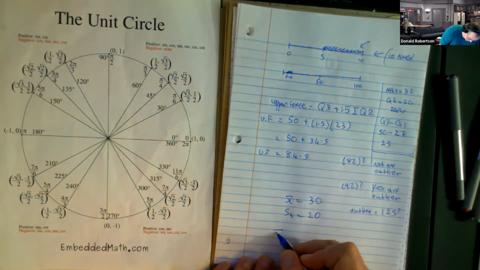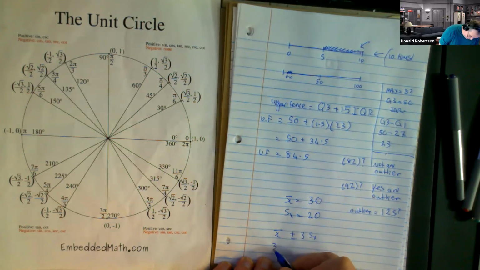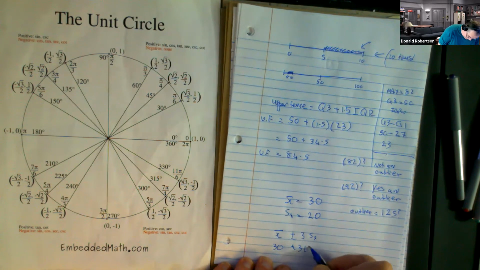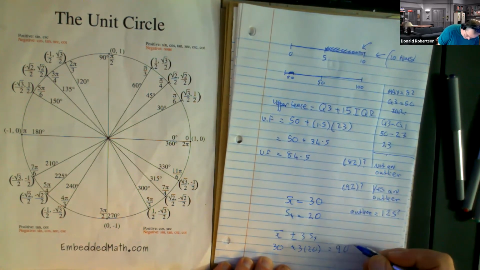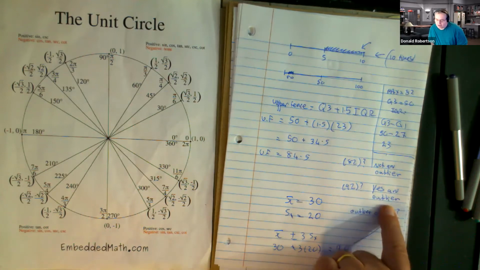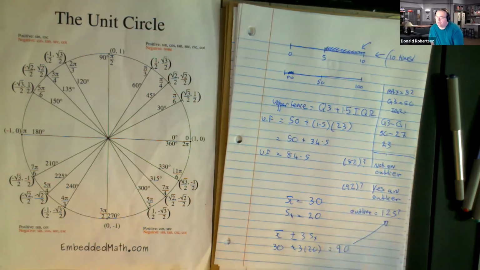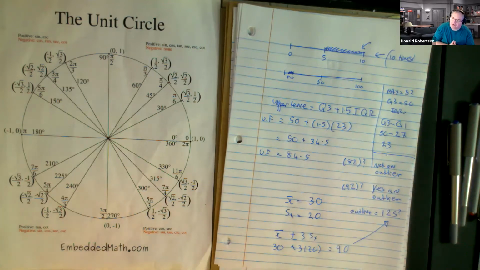You would have to say mean plus 3 standard deviations. So that would be 30 plus 3 lots of 20, which adds up to 90. And that's definitely an outlier, isn't it? That's significantly bigger. On the other hand, if this number was 87, it would not be an outlier. And you have a small version of the same thing: if you take away 3 standard deviations from the mean, that's the value that you've got.